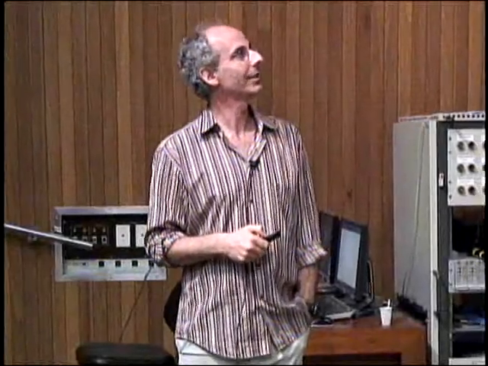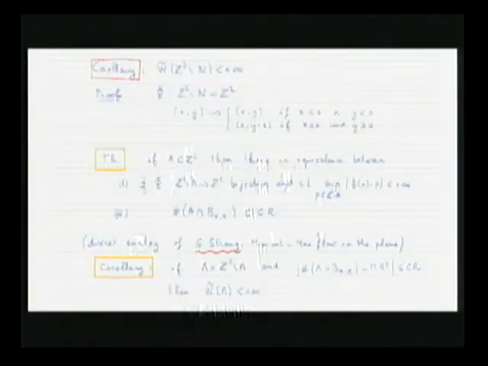But in fact, there is a very nice fact, which is that you can generalize this by removing from Z squared not N but any A. And so the result is the following.